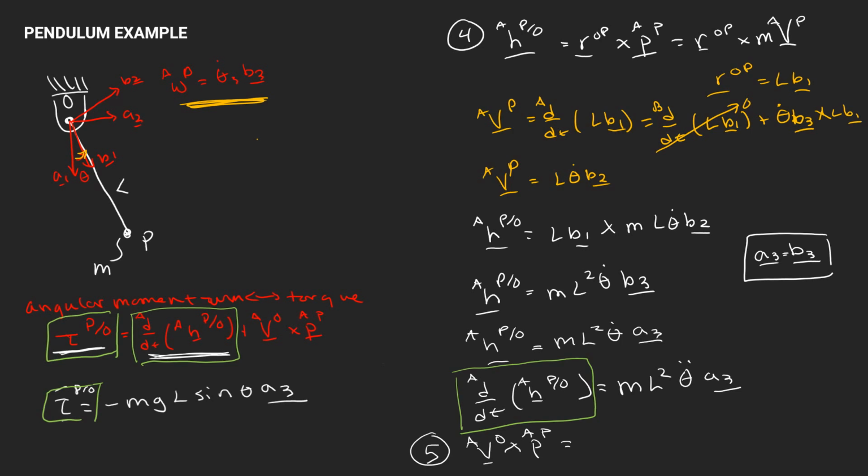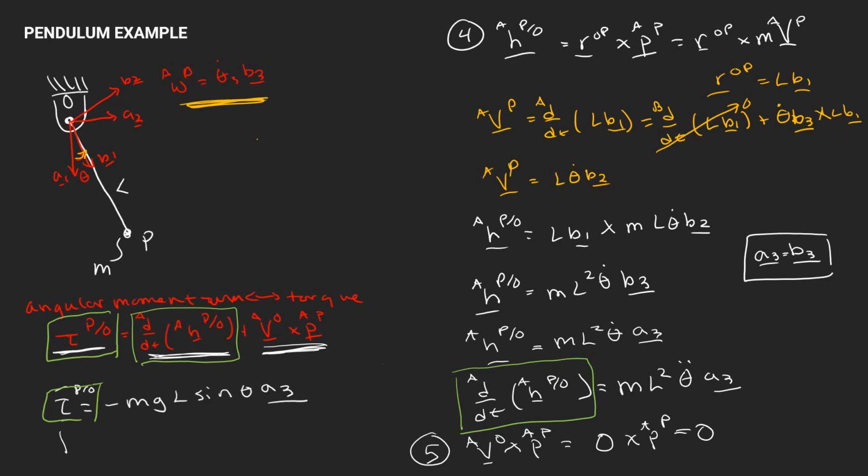And think of what the velocity of point O is in frame A. Well, O is the origin of A, so that means O doesn't move. It's fixed in frame A. So what you'll get is 0 crossed with linear momentum. And that is just going to equal 0. So this is an example of where, again, this term, while important to remember, in this case does actually go to 0.